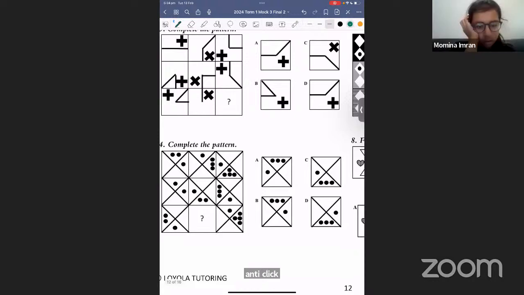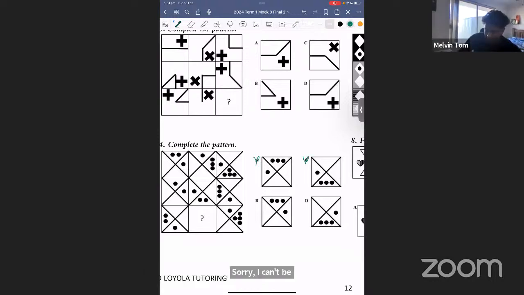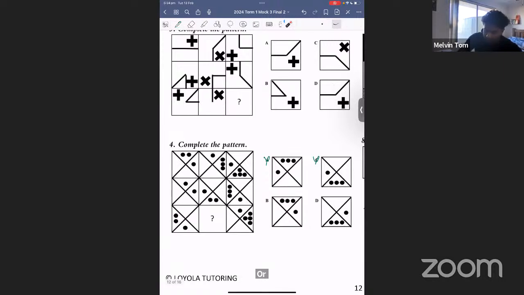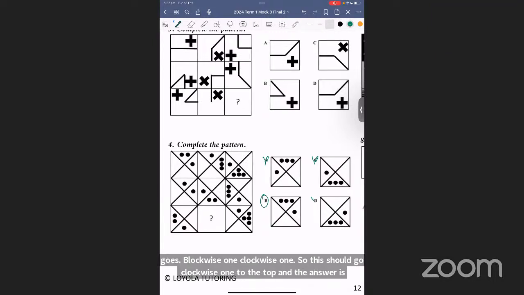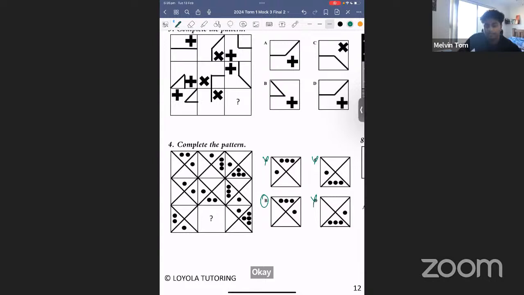So it can't be A or C. And the ones with multiple dots go clockwise 1, clockwise 1. So this should go clockwise 1 to the top, and the answer is B. Do you guys understand?